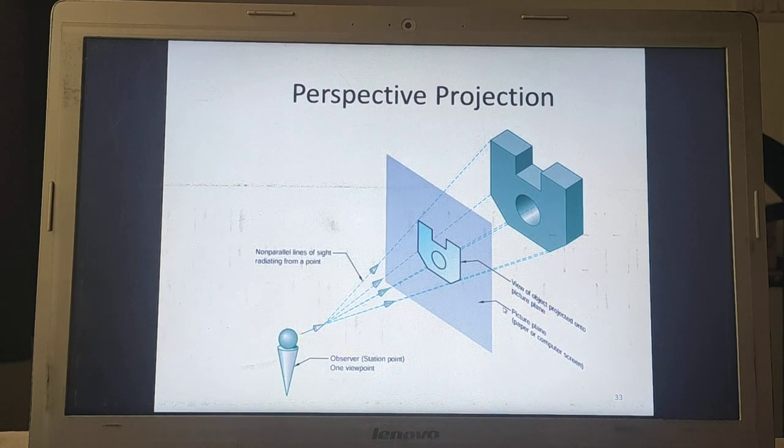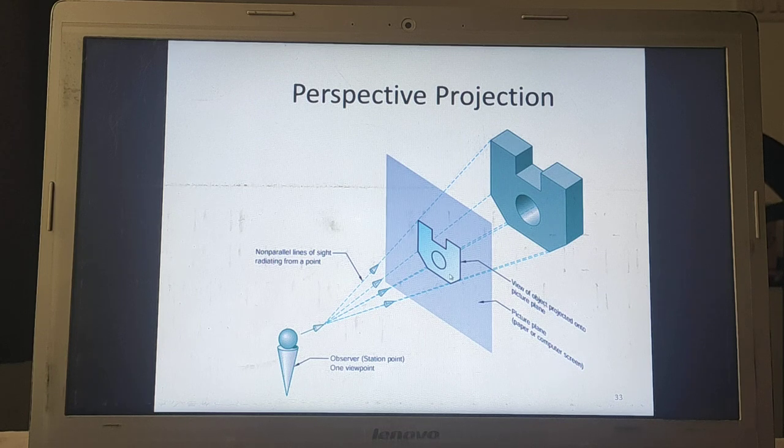Now in the perspective view projection, this is an observer, this is a plane of projection, this is a shadow, and this is an object. If we change the position of this projection plane, if it is over here, then you can see the shadow will be reduced. If this plane of projection is nearer to the object, then the shadow will be enlarged.